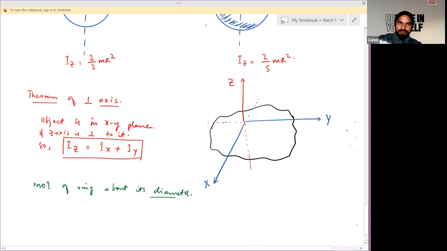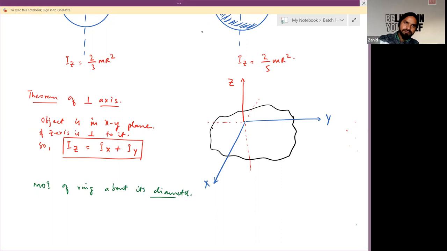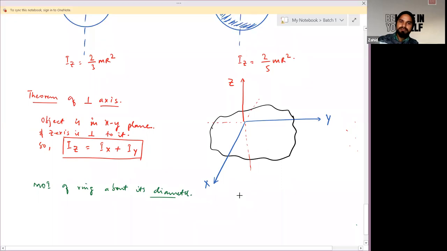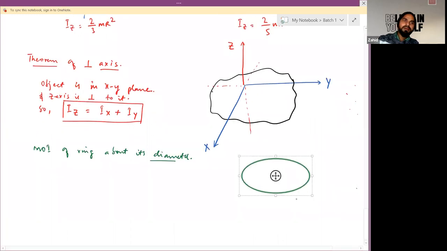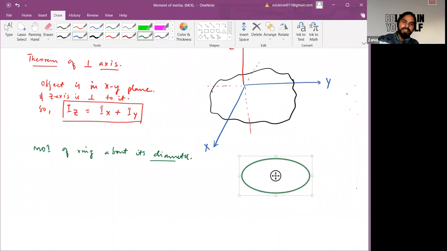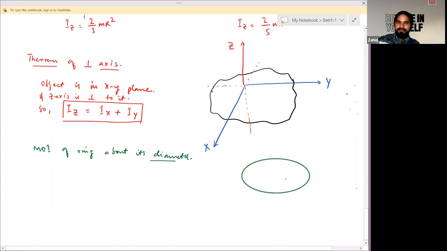So let's say this is a circular ring, for which you can define one of its diameters along this direction and the other along this.